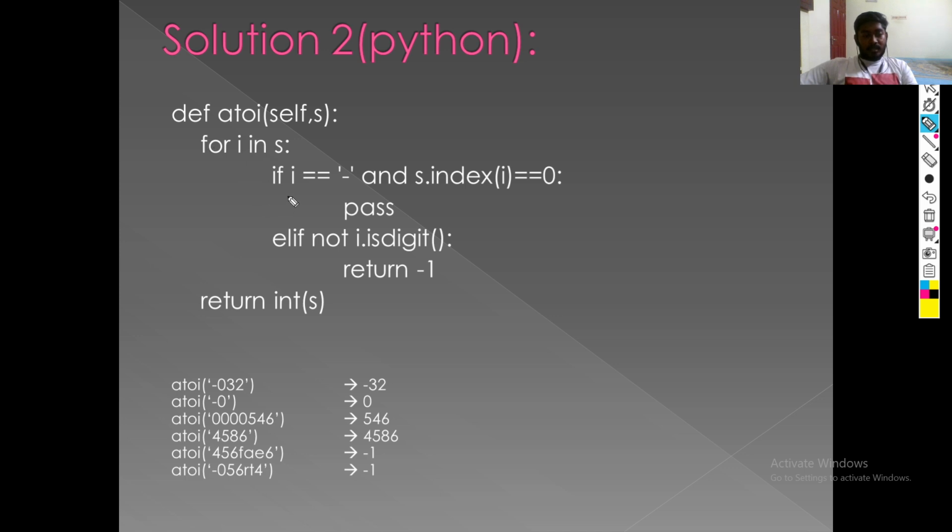After that, we are checking if i contains a minus value. If it contains a minus value at index 0, which means the first index of the first value, that's good, it will pass. If i dot isdigit, for example, if 3 is passed in this particular place, yeah, it is a digit, right?